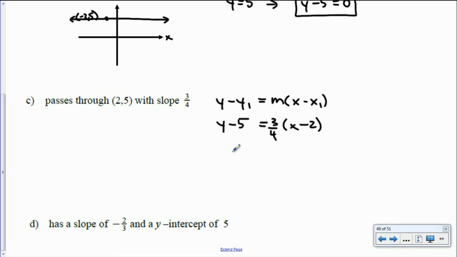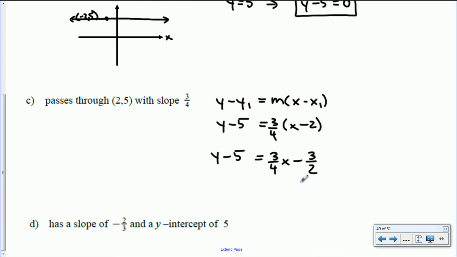So y minus 5, okay, let's distribute this. So that would be 3/4 x, 3/4 times negative 2 works out to be negative 3/2. I'd need to add 5 to that.